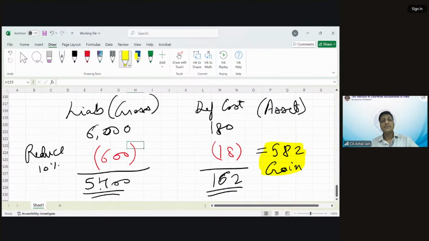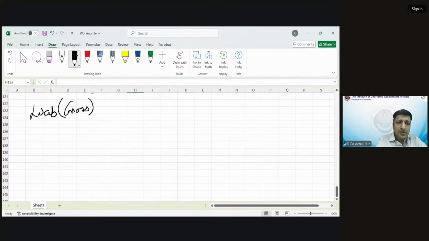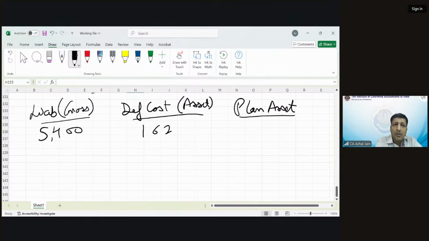Right? Now, moving further. If you look at the overall situation, you have a liability gross amounting to 5,400 after the deduction. You have a deferred cost, which is an asset amounting to 162. Plus, you have a plan asset amounting to 5,100.